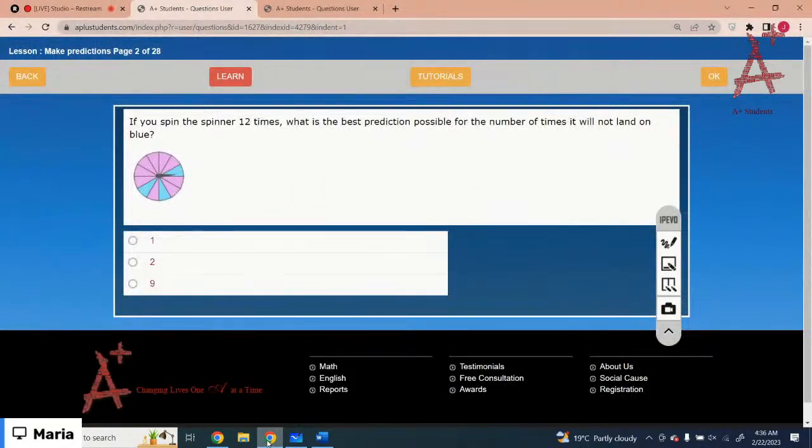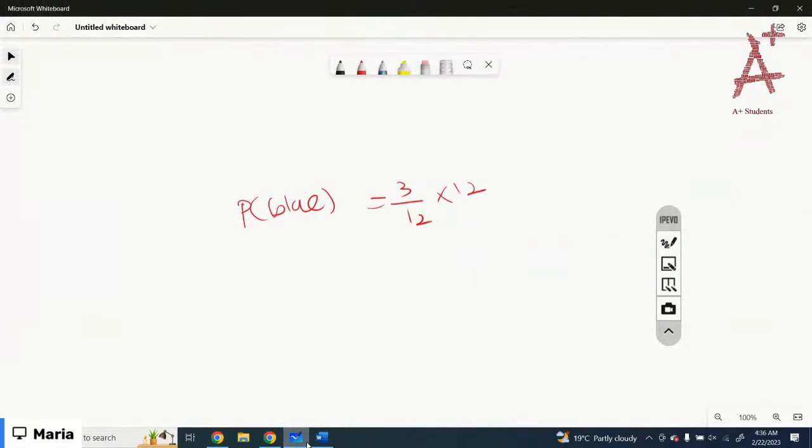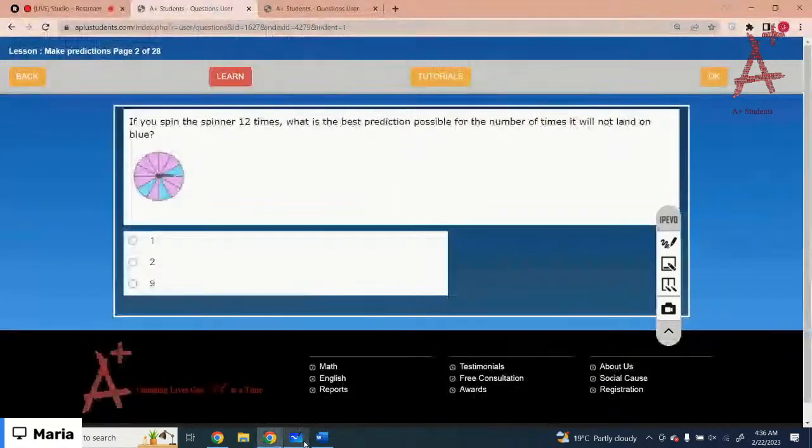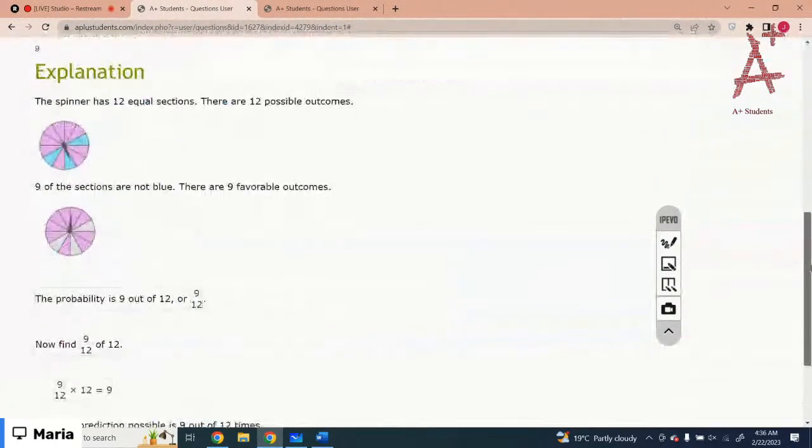Three of them are blue out of 12, so it would be 3 over 12 times 12. So 12 and 12 cancel out, and you're left with 3. But here I'm not given that option. Let me see what's wrong with the question.